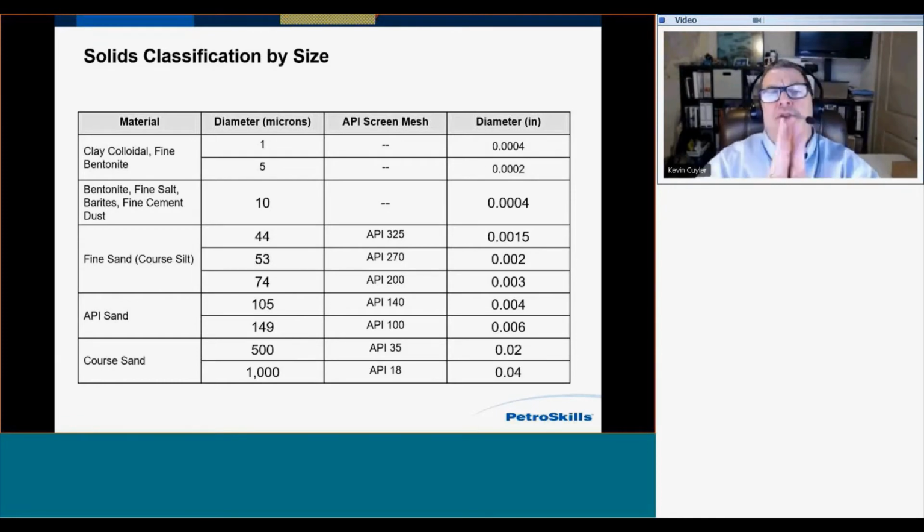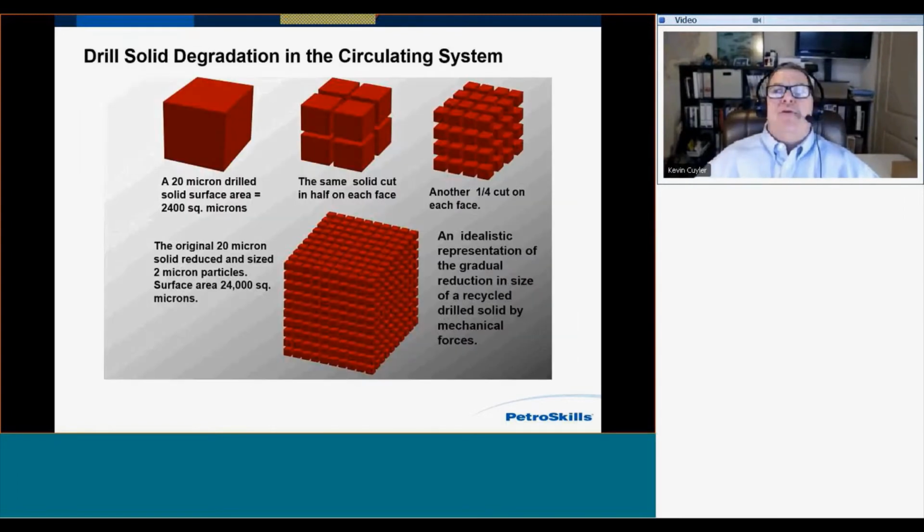And this is important to us because what we do not want to do is miss the opportunity to remove bad low-gravity solids, that is, non-solubilized, non-reactive solids, solids that do not do us any benefit in the system, and have a chance for them to be degraded in our mud system. Or said a little bit differently, those solids to be broken up over time into smaller and smaller pieces and recirculated.